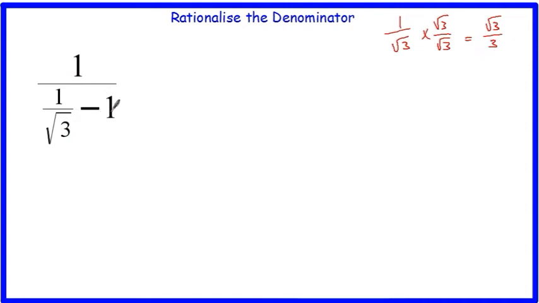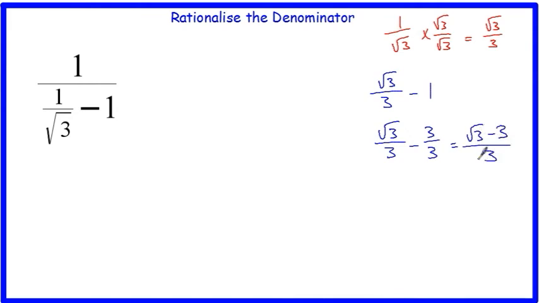Then let's take away 1 from that. So root 3 over 3 take away 1 is the same as root 3 over 3 take away, I need denominators the same, which is root 3 take away 3 over 3. So this becomes 1 over root 3 take away 3 over 3.